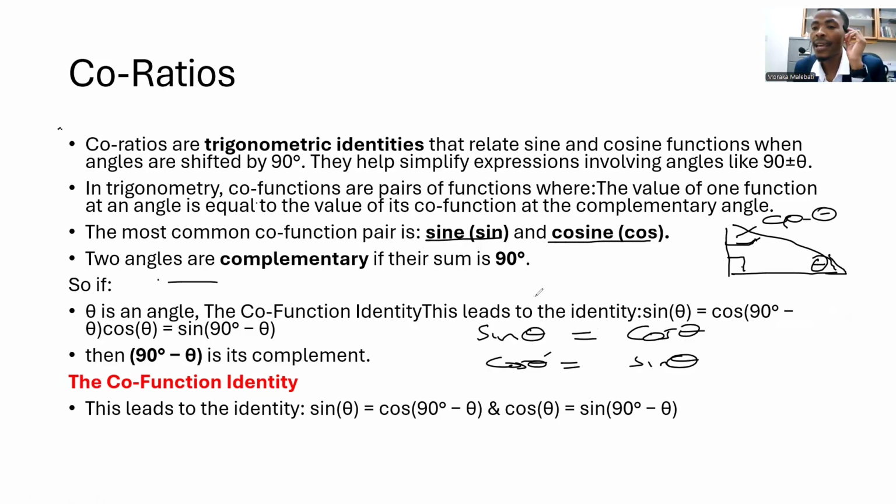Theta is complementing with 90 minus theta, so you can say 90 minus theta here, and I can also say 90 minus theta here. This is exactly like that, because these things are complementary, they are co-functions. But immediately when you start to add, you can now add positives, which I'm going to show you in a few moments, but these are what you call co-ratios.